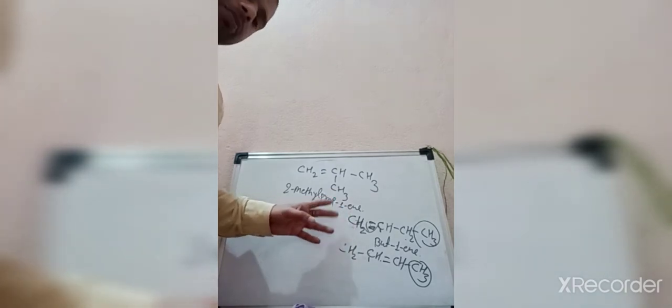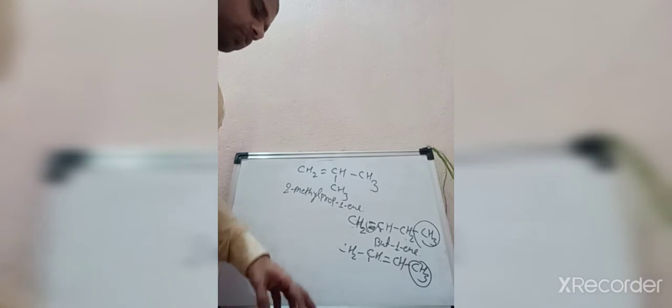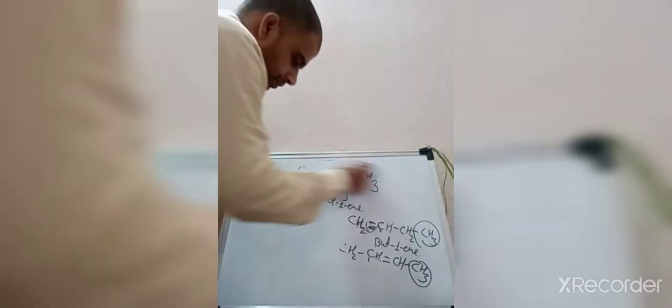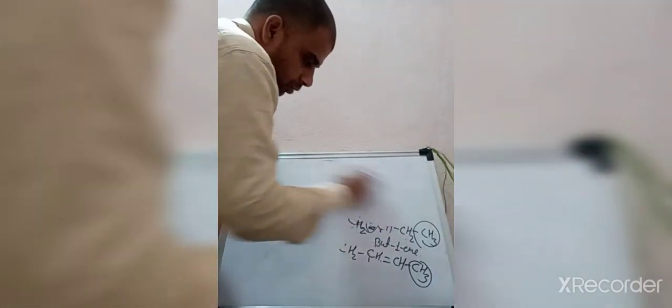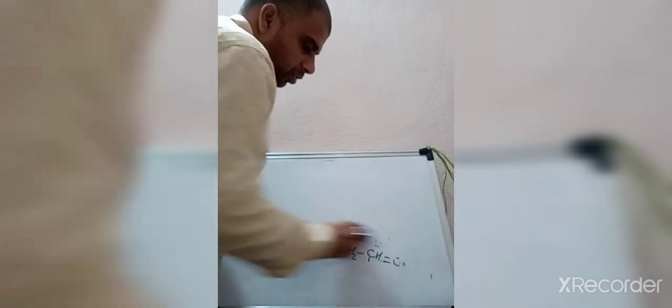Now we will discuss geometrical isomerism. Geometrical isomerism is when carbon and carbon contain a double bond, and from each carbon there are some different or similar groups.